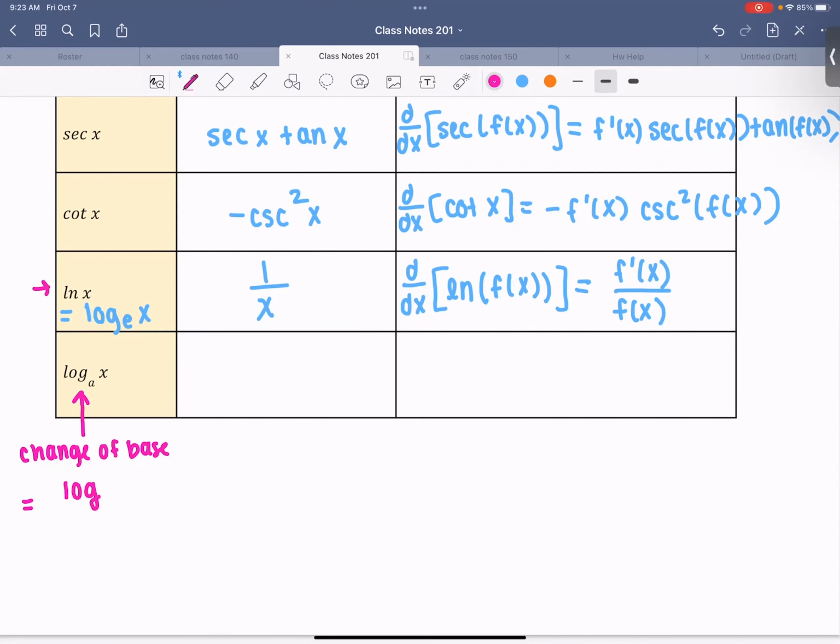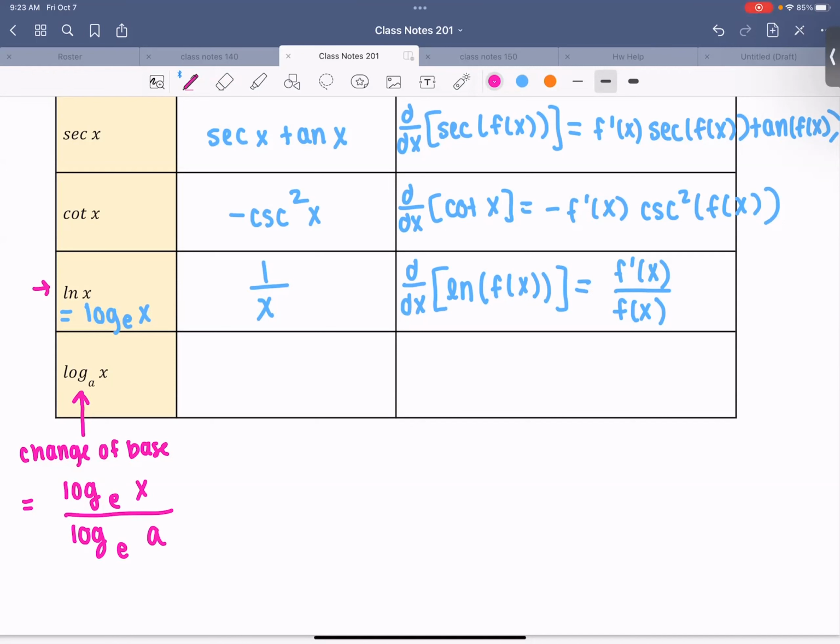I can choose whatever base that I want, and turn my base into the denominator. And since I know the derivative of ln, maybe I want to change my base to e. So another way of saying log base a of x is saying log base e of x over log base e of a.